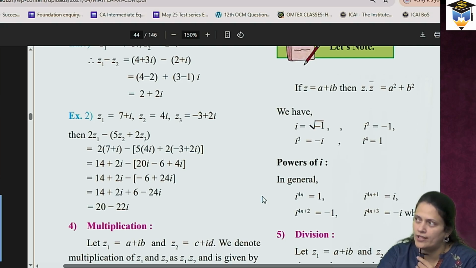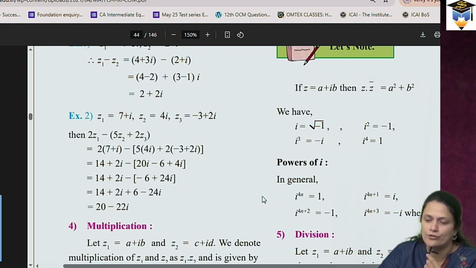So I hope everybody has understood this part. Online students, any doubt? No response from online students. Why? I need some response. Write down in the chat box so that I understand you've understood.